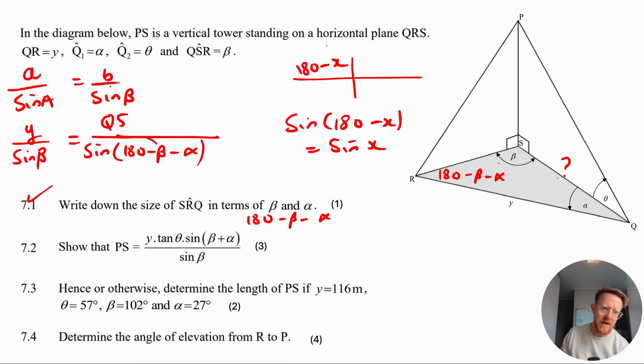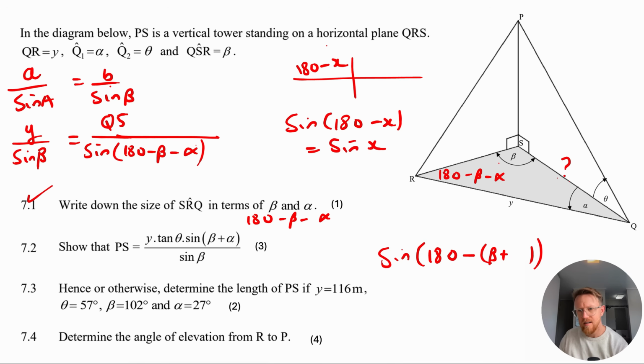So we need to manipulate this a little bit because at the moment we don't have it looking exactly the way we want. So the way that you do that is you go like this. You take out a negative as a common factor out of those two. And so what you would then be left with is beta plus alpha. Let me explain.